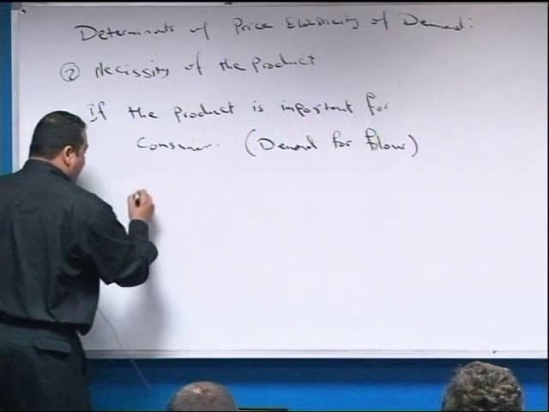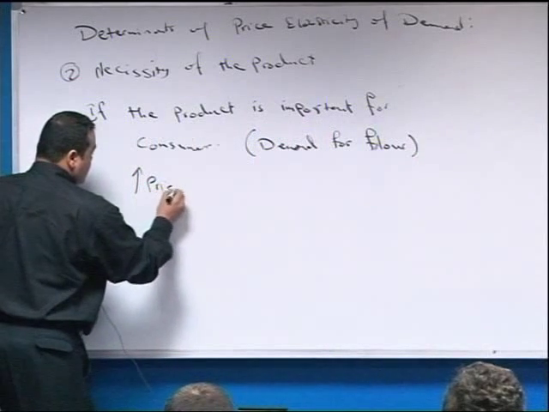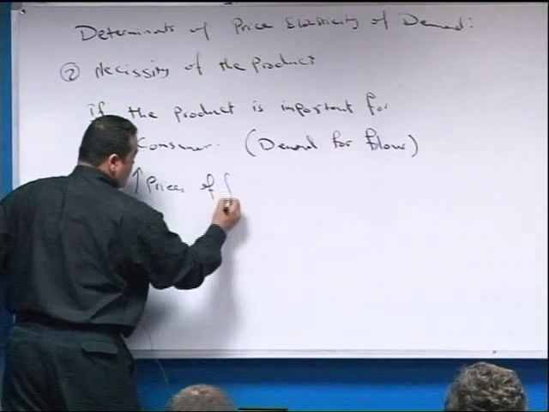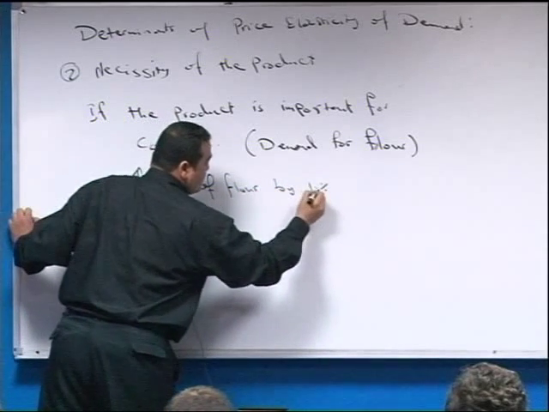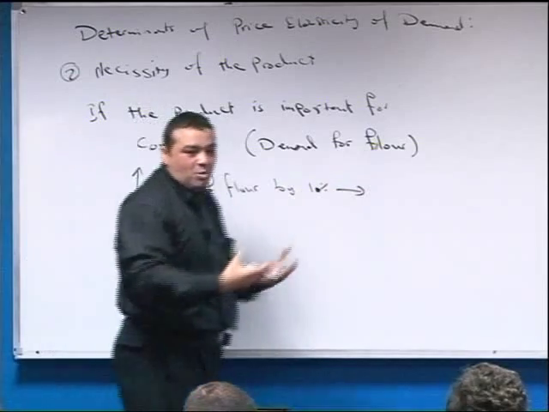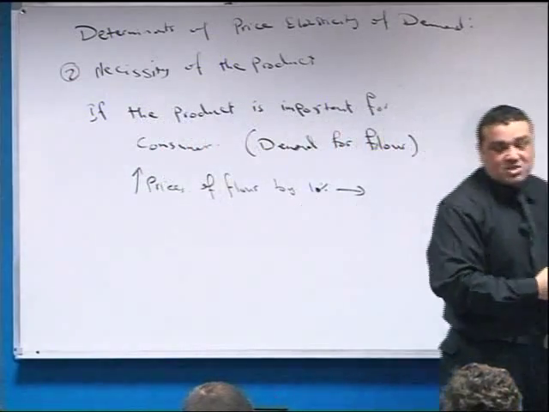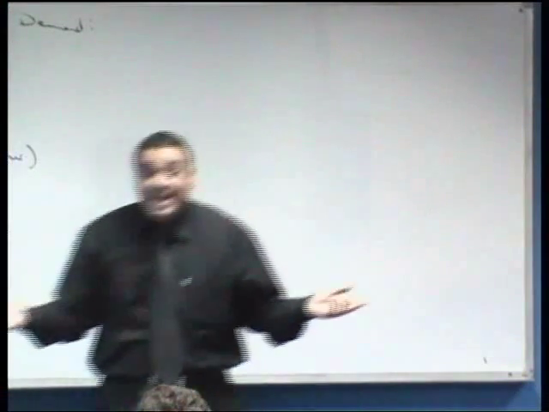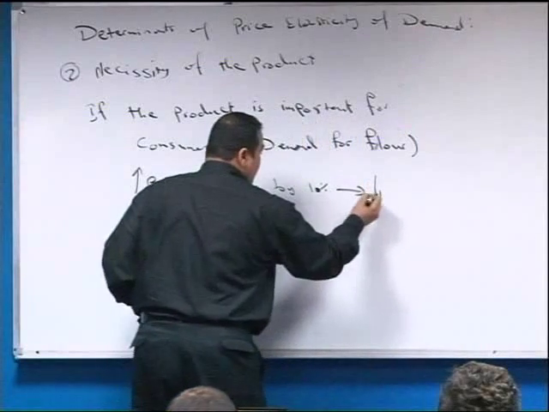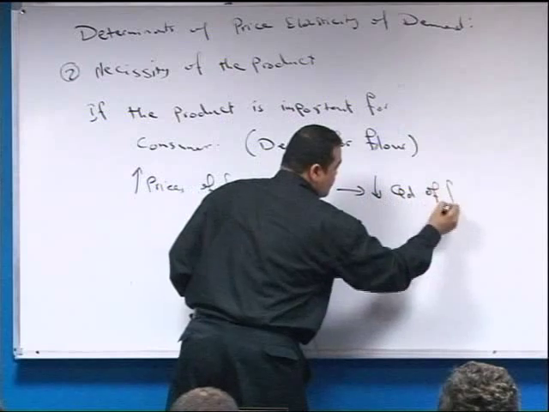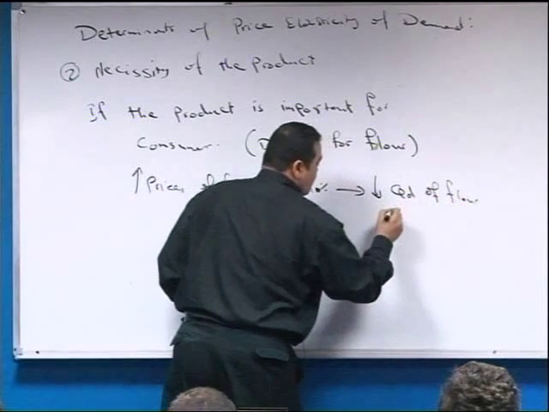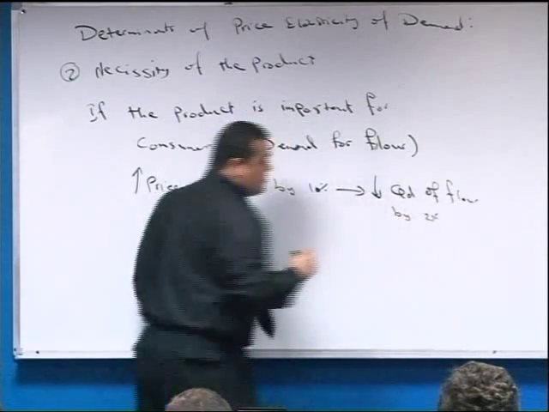If the price of flour increases by 10%, this leads to a smaller reduction in the quantity demanded, maybe by 2%.